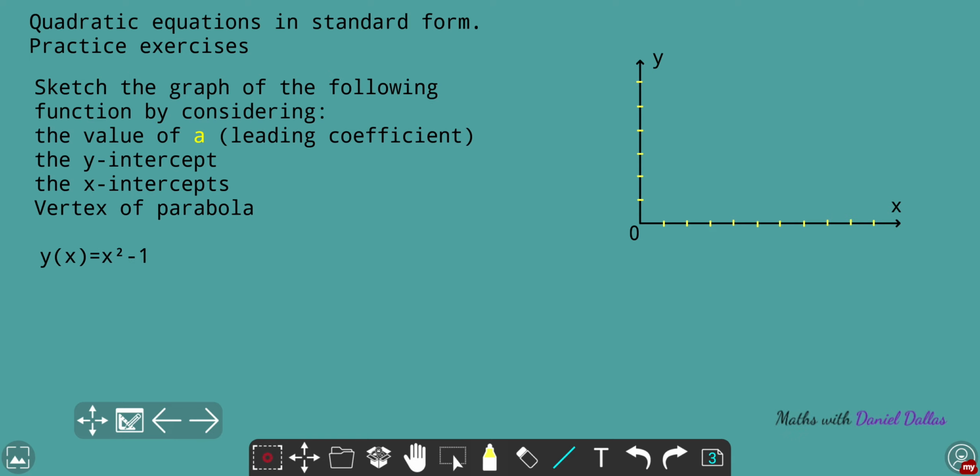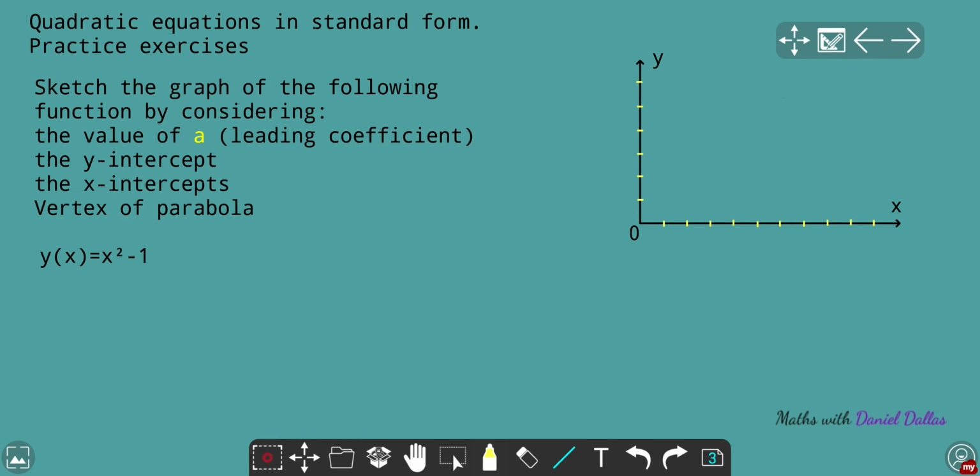What we need to do is sketch the graph of the following functions by considering the value of the leading coefficient a. Next, we need to consider the y and x intercepts and also the vertex. So we need to reflect all the critical points that are very significant in sketching the graph.